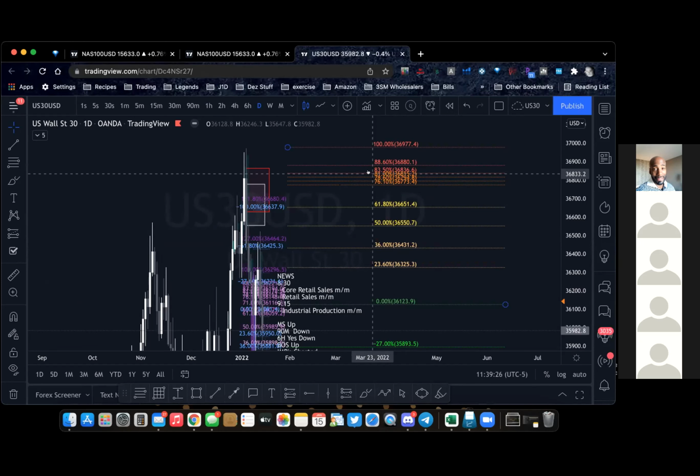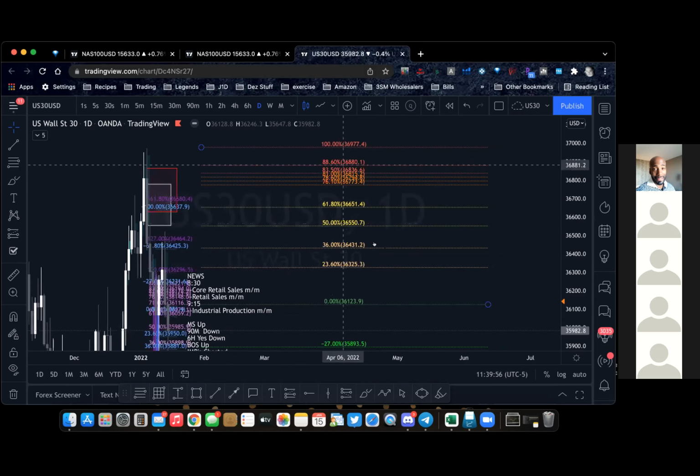I probably use it differently than other people as well, because I'm using it based on my order block and where I need to get in based off the order block. Whereas, as Todd said, a lot of people use it, or it's supposed to be used for retracements and getting in on retracements. I'm using it to get in based off my order blocks, which is not a traditional way to think of a fib or use a fib.